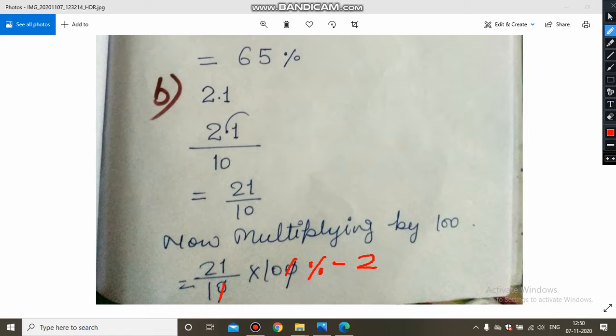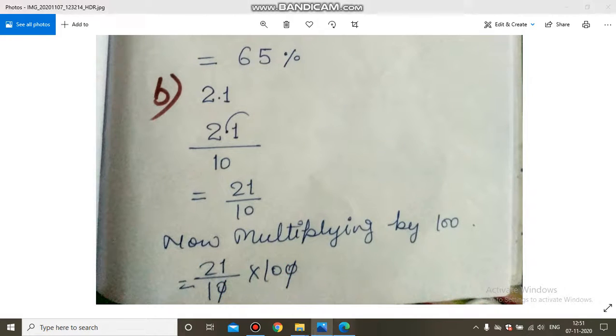We will write here equal to 21 into 10, means 210. Okay students, and percent, 210%. It is the answer.